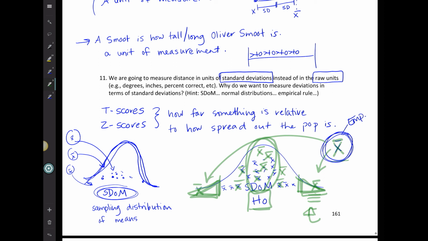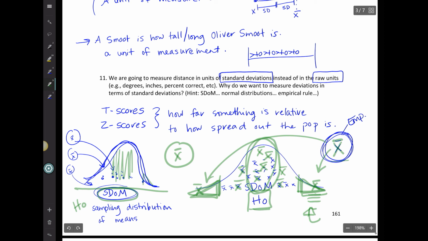Okay, so we're going to end up taking this idea of the SDOM. We have our empirical sample that we calculate our statistics on. We calculate the mean, and then we say, okay, where does this mean fit among all these possible means that I could have gotten if the null hypothesis were true? If it's somewhere in the middle, I'll think that's not that weird. I guess the null hypothesis might be true.